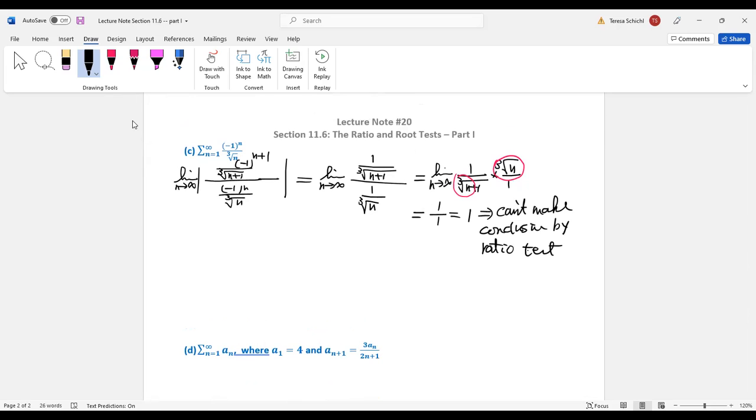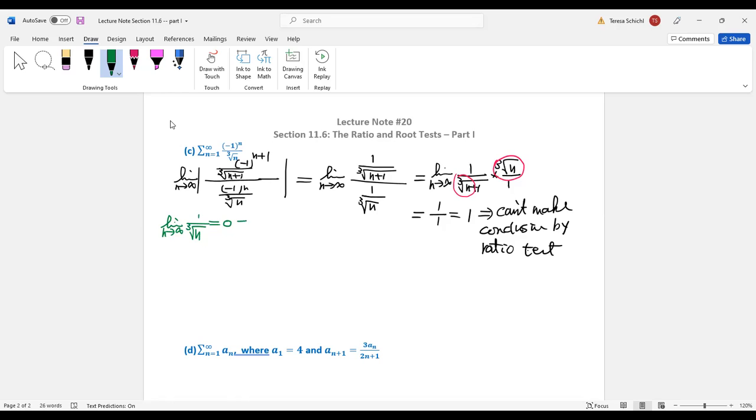The first thing is that the ratio test is not helpful. Now I see this is an alternating series. Since this is an alternating series, I take the limit as n approaches infinity of 1 over the cube root of n. What is this limit going to be? This limit is going to be 0, right?